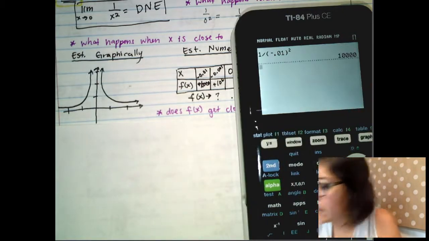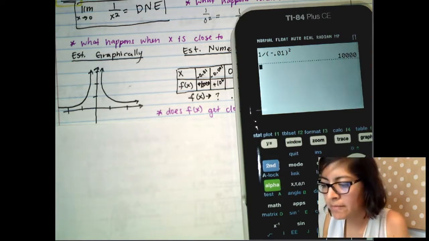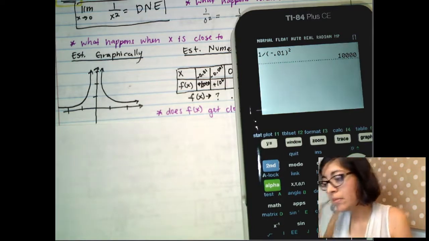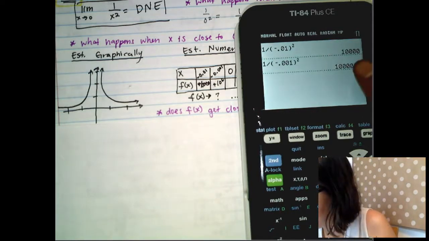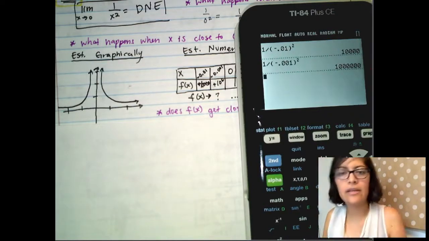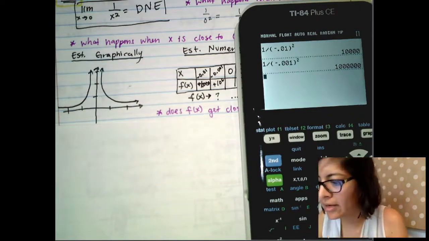So this is going to give us, what is that? 1, 2, 3, 4. So 10,000. So this is positive 10,000. If we look at 1 over negative 0.001 squared, this is going to give us 1, 2, 3, 4, 5, 6. So that's 1 million.